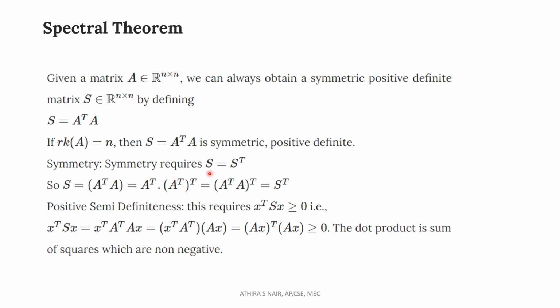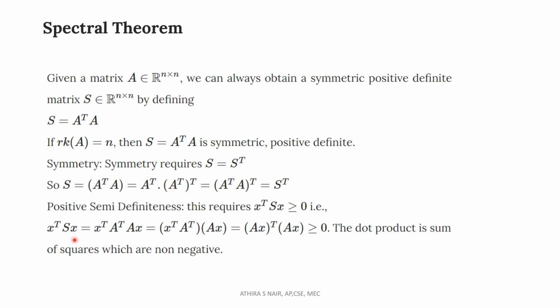Symmetry requires S equal to S transpose, and by inserting it into this equation, we obtain S equal to A transpose A, equal to (A transpose (A transpose)transpose), equal to (A transpose A) transpose, equal to S transpose. Positive semi-definiteness requires x transpose S x to be greater than or equal to 0.